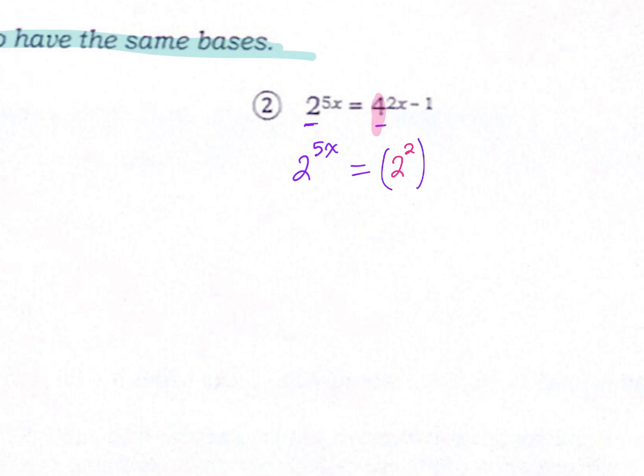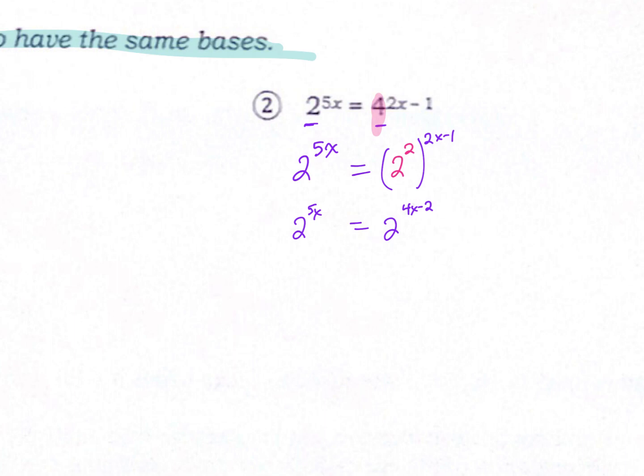That gives us the 4 part of it, but then we still have that 2x minus 1. Guys, we have to distribute there. So we get 2 to the 5x equals 2 to the 4x minus 2 when you distribute.